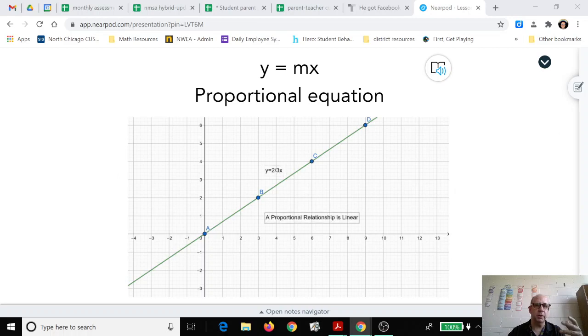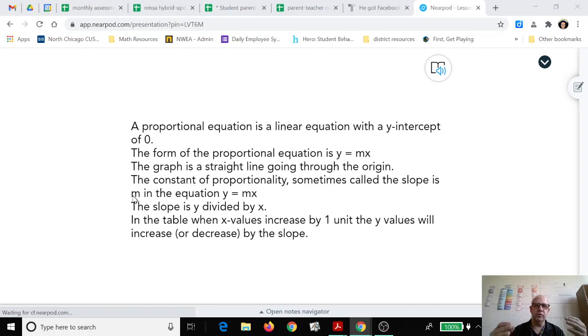But it's got a couple other peculiarities, and it's a little easier than straight linear equations. When you're looking at the equation itself, it should be able to be written as y equals a number times x. And then the graph is easy. It's a straight line going through the origin. The constant of proportionality, or the slope, is the letter m, which would be a number.